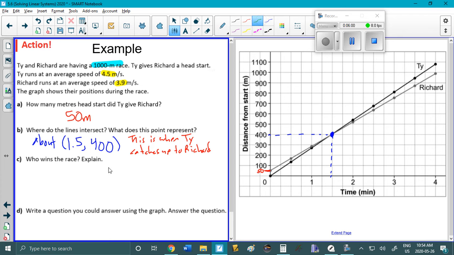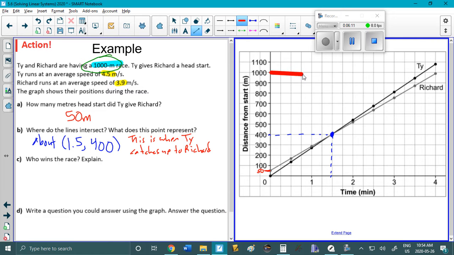All right, so who wins the race? I would like you to look at the graph, and I would like you to figure that out. And remember, it's a 1,000-meter race. So please pause and try that. All right, so what I'm going to do here, I'm going to draw a line over from 1,000, and then I'm going to see which person I hit first. Boom. That's Ty's line. So Ty won.